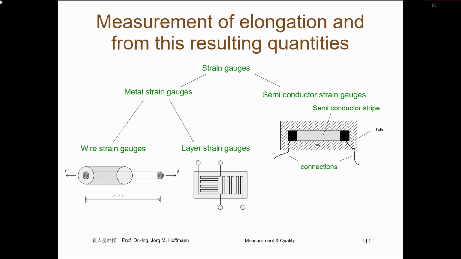This is only useful when you have real mass production. But for example, balances to measure the mass, when you buy a balance to see how heavy you are, then in 99% of the applications you have metal strain gauges, because balances are not sold as often as blood pressure measurement devices.